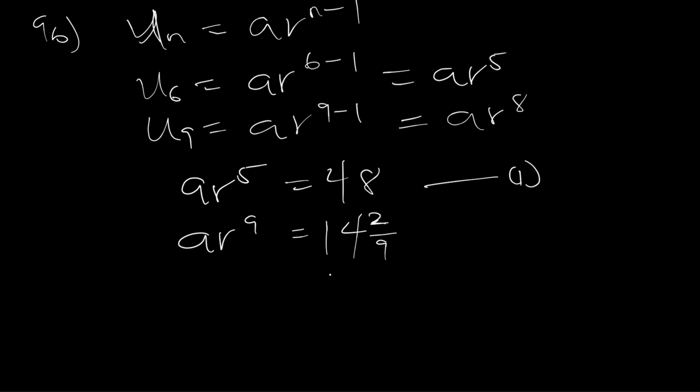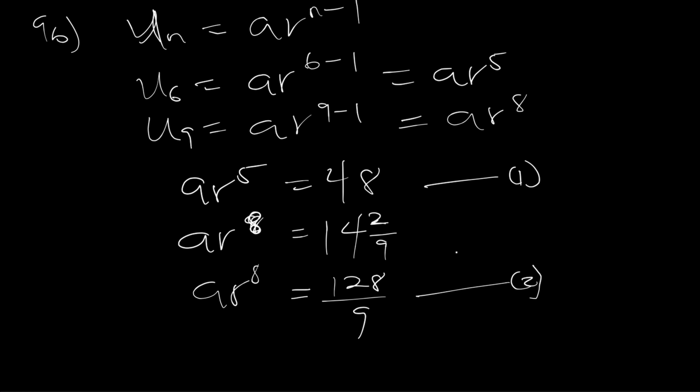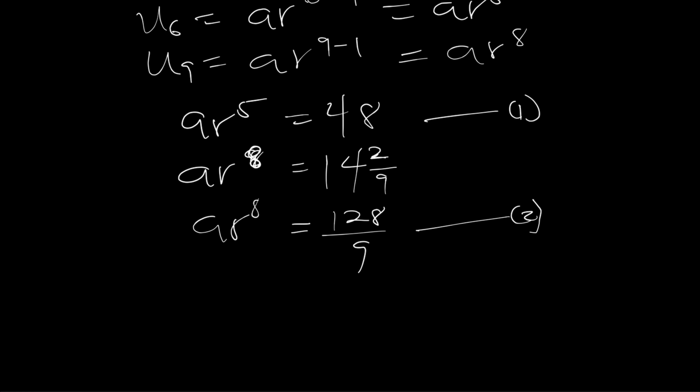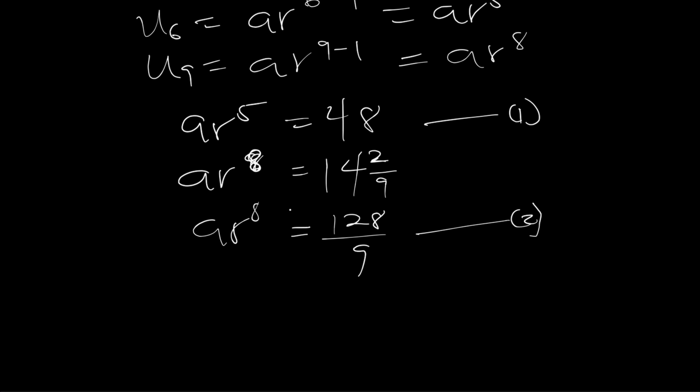Now this can be written as 128 over 9. So AR^8 is equal to 128 over 9. This is our equation 2. Now to find R, we can divide our two equations. So let's divide equation 2 by equation 1.